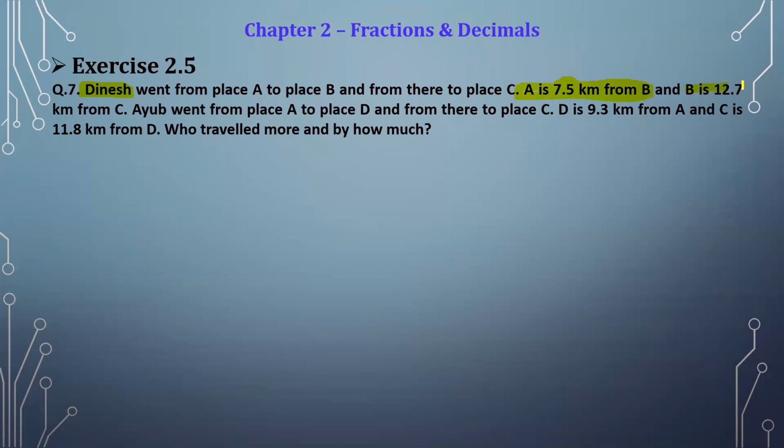Then B is 12.7 kilometer from C. This is the second condition, the distance between B and C. Then Ayub went from place A to place D, and from there to place C. D is 9.3 kilometer from A, and C is 11.8 kilometer from D. So we have to calculate who traveled more and by how much.